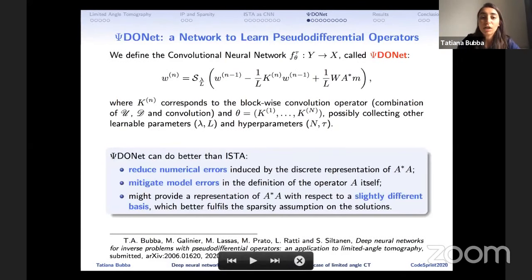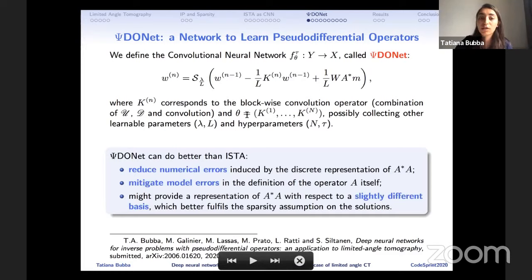This structure for our network, PSEUDONet, means that we can in principle do better than the standard ISTA algorithm, because for a particular choice of this theta, if you take exactly R star, W star, R gamma star, W, then you exactly have ISTA.